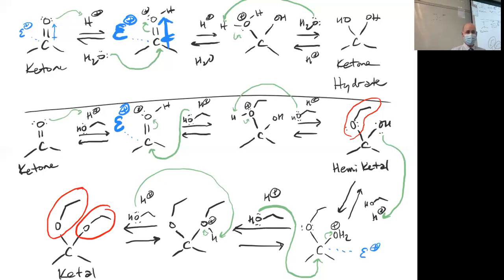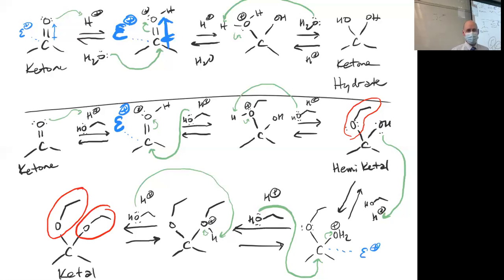So once again, we chose to use ethanol. So we had O ethyl groups. But if you chose to use isopropanol, you would have O isopropyls on both of those. And if you chose to use octanol, you would have an O with an 8-carbon chunk on both of those. So this is our one new reaction today. We're going to go through a lot of details about it, but that's it. It goes all the way from a ketone, which is double bond O, to a ketal, which is two ethers on the same carbon.